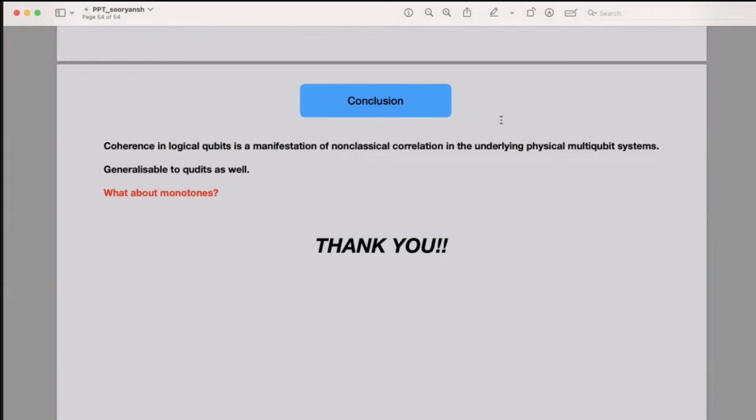And it is non-increasing under free operations, meaning if you perform an LOCC operation on an entangled state, then concurrence cannot increase. If a function satisfies these conditions, then that function is called a monotone. For example, concurrence.